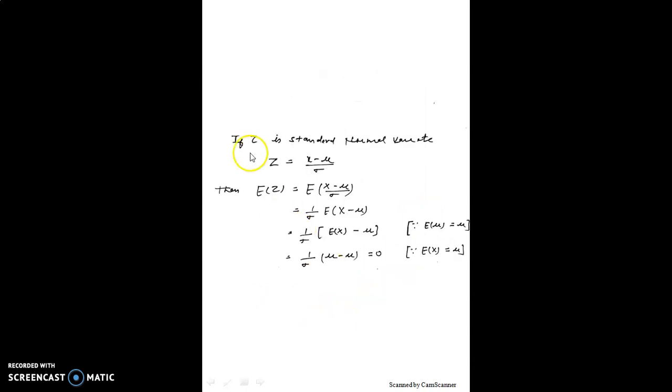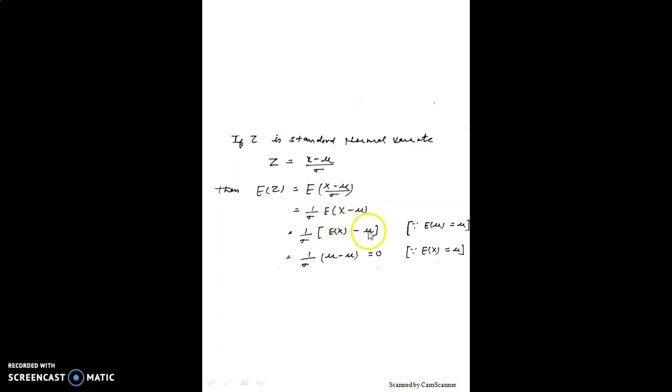We have already calculated the mean and variance for the normal variate x. Mean is mu and variance is sigma square. Now we are considering the standard normal variate z, which is (x minus mu) upon sigma. The expected value of z, that is mean of z, is expected value of (x minus mu) upon sigma. By the property of expected value, we will take out the sigma. Expected value of x minus mu, that is E of x minus E of mu.